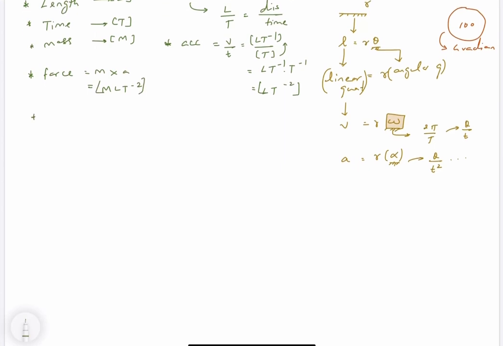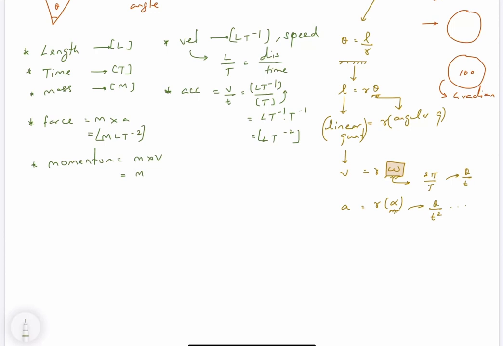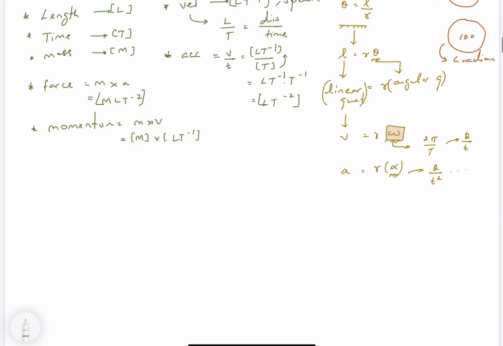What about momentum? If you recall the formula of momentum, momentum is nothing but mass into velocity, which is mass M into velocity, nothing but LT power minus 1. So MLT power minus 1 is for momentum.